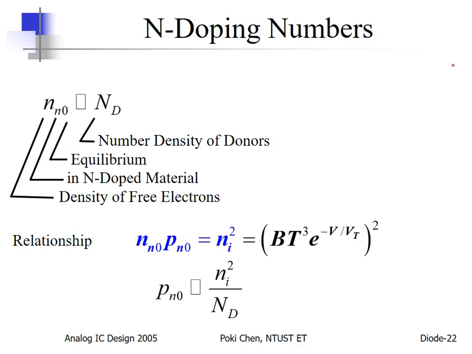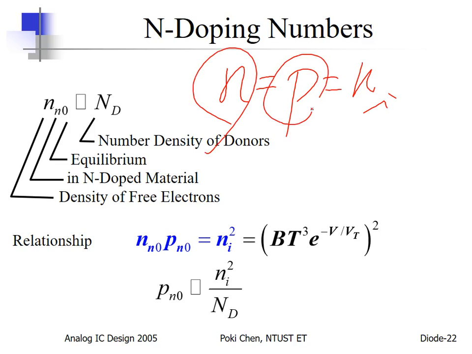After doping, you can guess. From the very beginning, I told you, without doping, for intrinsic, the number of electrons and the number of holes should equal the intrinsic number. But after n-type doping, the total number of free electrons will be substantially increased. What does it mean? How about the holes?